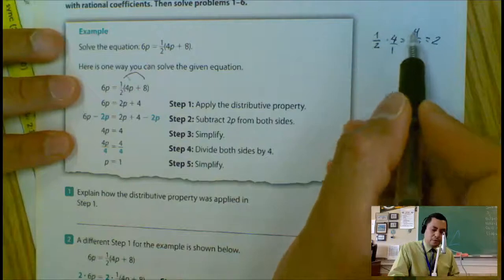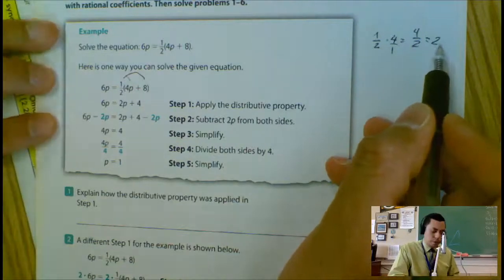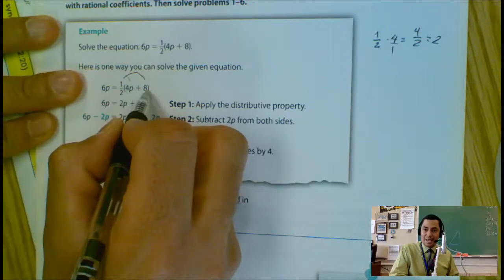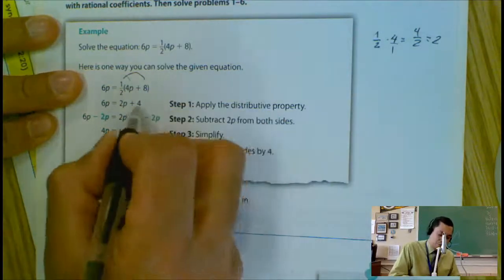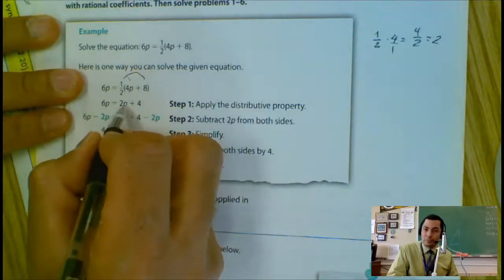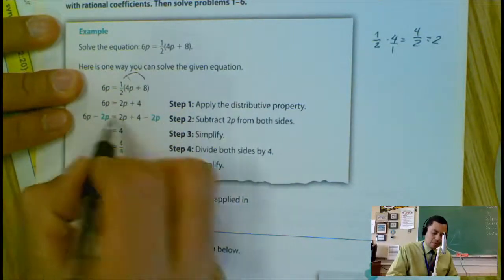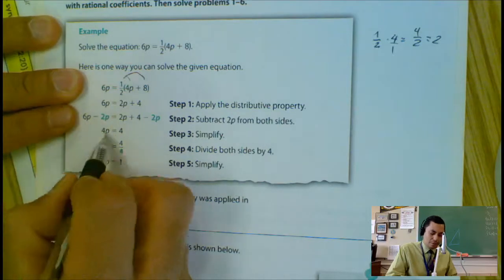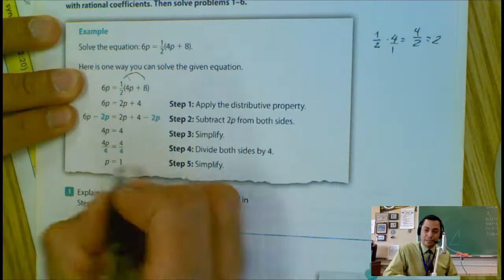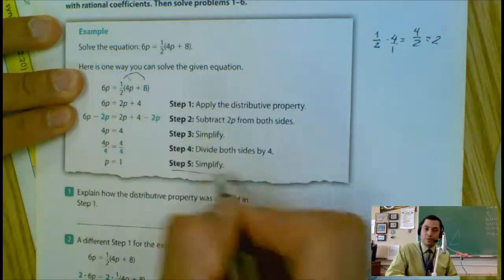That's the reason why you have 2p. And then 1/2 times 8 will be 8 divided by 2 equals 4. Next step, we subtracted 2p from both sides of the equation, so 6 minus 2 equals 4. Then we divide by 4, 4 divided by 4 is 1. So we simplify at the end. You follow those steps.